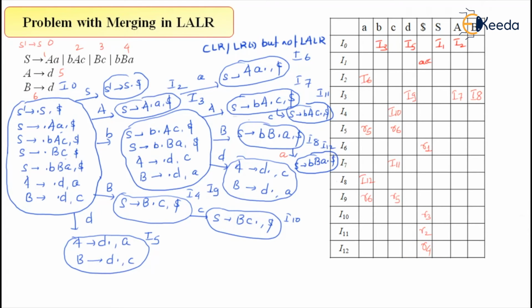So we are done with this part, and you can sense here that this grammar has no multiple entry. Grammar is in LR1, or we can say CLR.